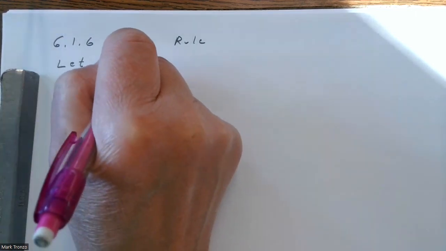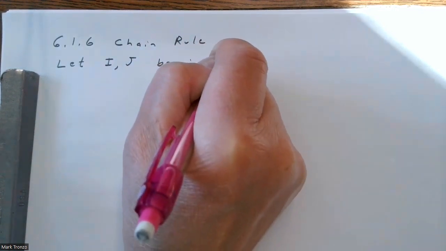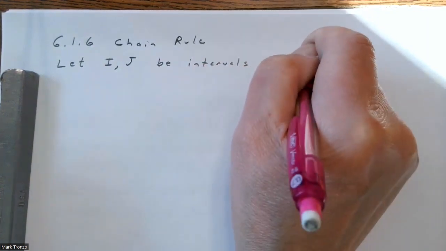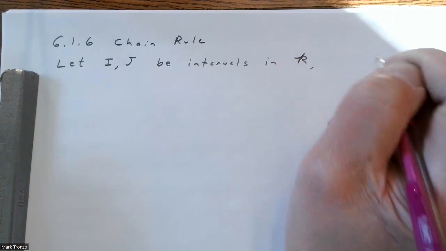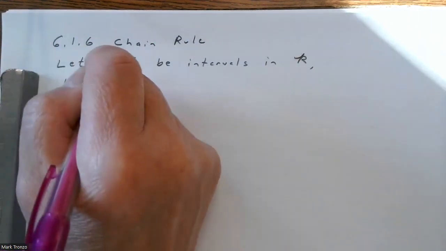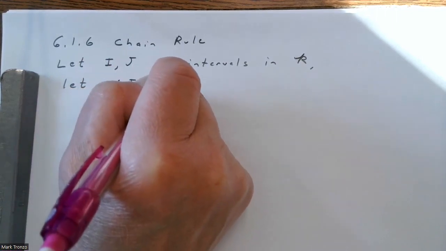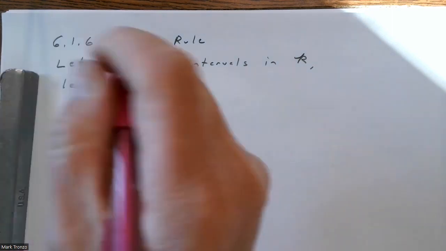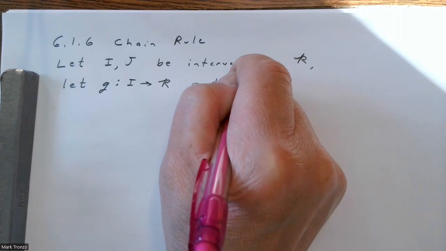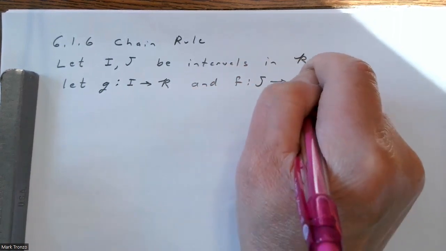Let I and J be intervals in the reals, and let g be a function from I to the reals, and f is a function from the interval J to the reals.